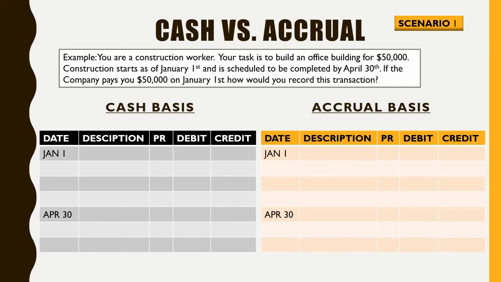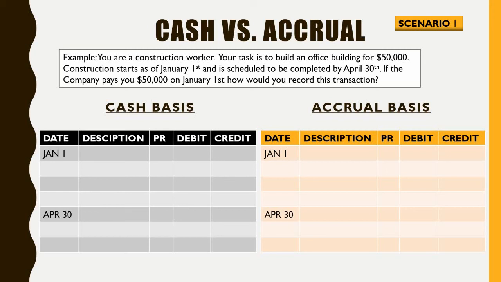So let's take a look at an example here where a contracting company, we're going to compare the cash basis versus the accrual basis side by side so you can make a clear vision, okay? So for this example here, you are a construction worker, and your task is to build an office building for $50,000, okay?